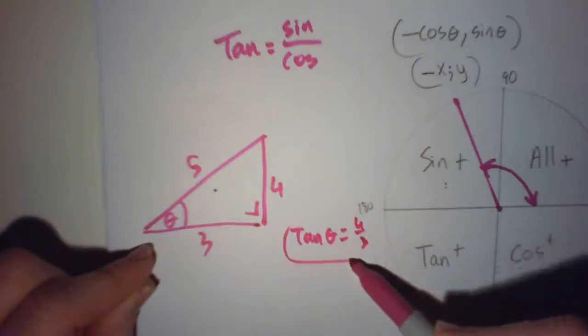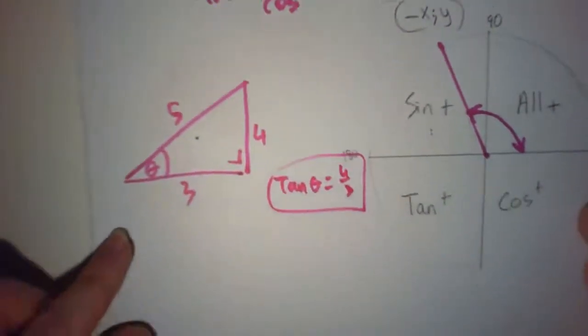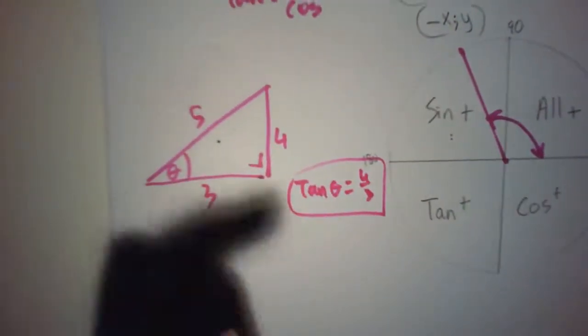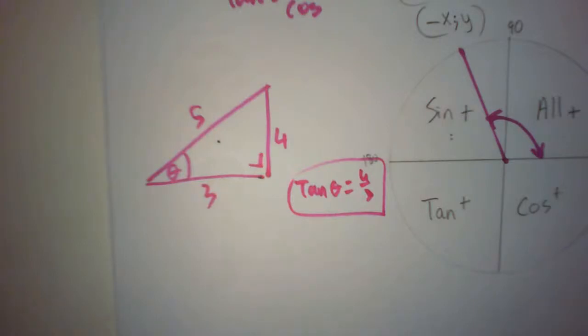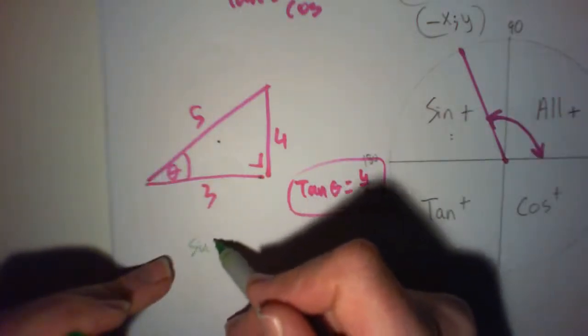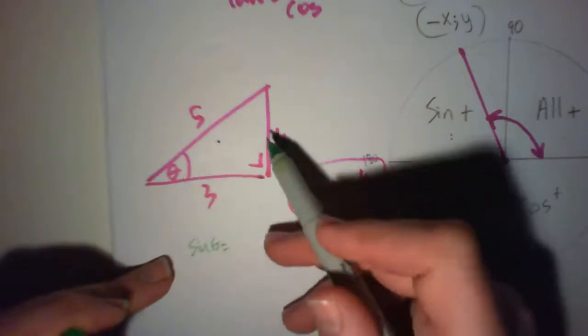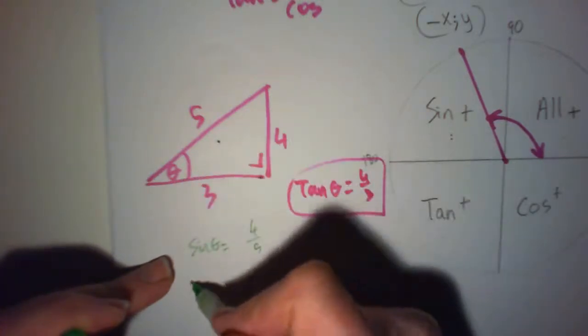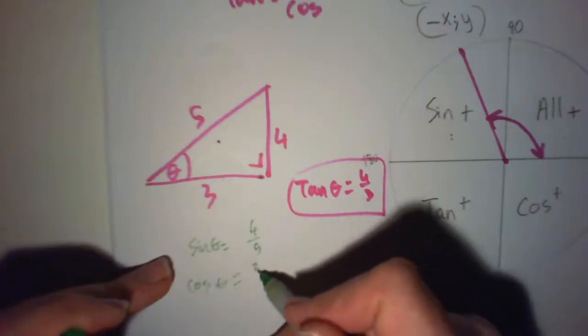Let's park that there and show how it's true. Okay, so let's show that this is true. So let's get the sine. So the sine of theta is 4 over 5. And the cos of theta is 3 over 5.